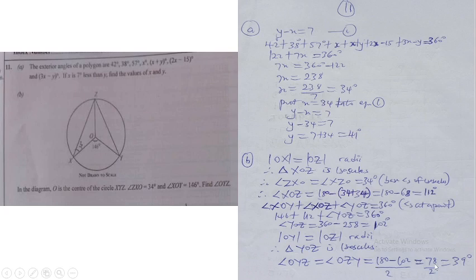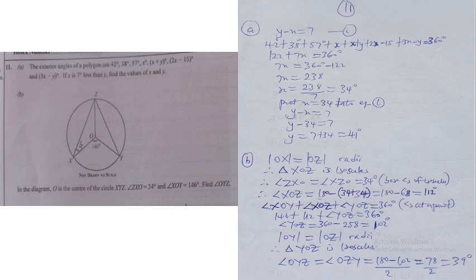So that will give us 78 divided by 2, and the angle we are looking for is 39 degrees. And this angle here also is 39 degrees. So that's the solution to question number 11 of WAEC 2022 General Mathematics, the theory part.